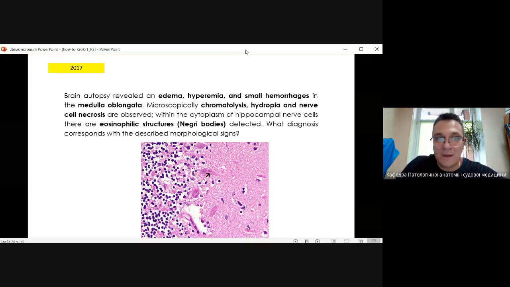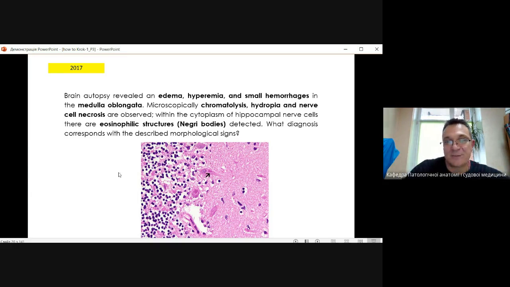The next question. Brain autopsy revealed an edema, hyperemia, and small hemorrhages in the medulla oblongata. Microscopically, chromatolysis, hydropic changes, and nerve cell necrosis are observed. Within the cytoplasm of hippocampal nerve cells, there are eosinophilic structures, like you see on this image, directly in the neurons, and those are so-called Negri bodies.